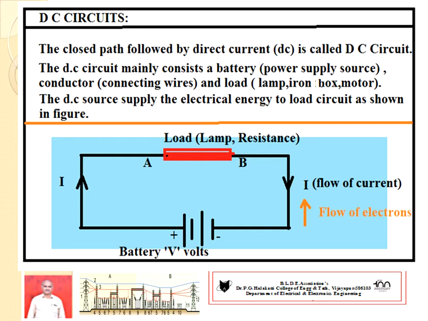If a DC source, that means a battery with potential difference of V volts, is applied, it will create the flow of charge carriers. That means electrons will flow from lower potential to higher potential, which results in the flow of conventional current I ampere from higher potential to lower potential through the load circuit as shown in the figure.